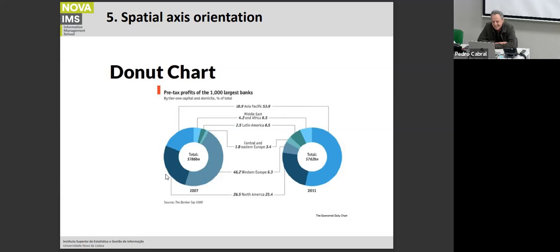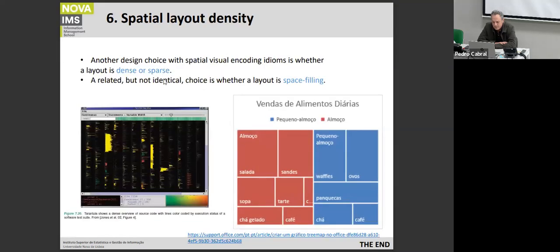I'm just kidding. Okay, so then about spatial layout density, we can use dense representation, especially when we are working with very big quantities of data.